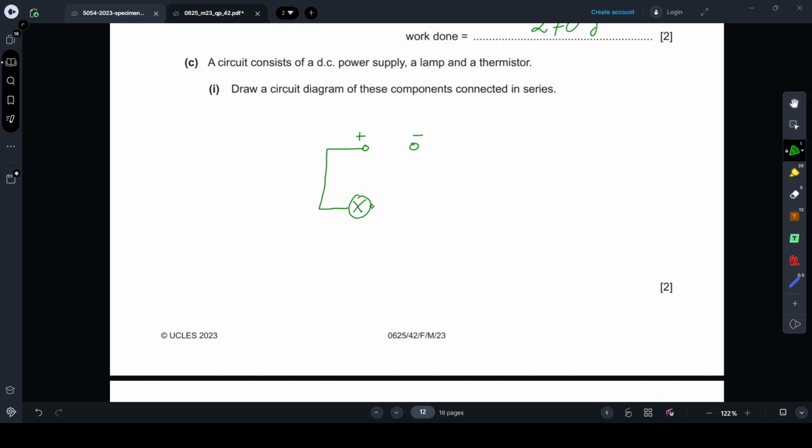And what about the thermistor? A rectangle, but that's for a resistor, so we need something else. A line. What kind of line? Like a hockey stick. That is a thermistor.